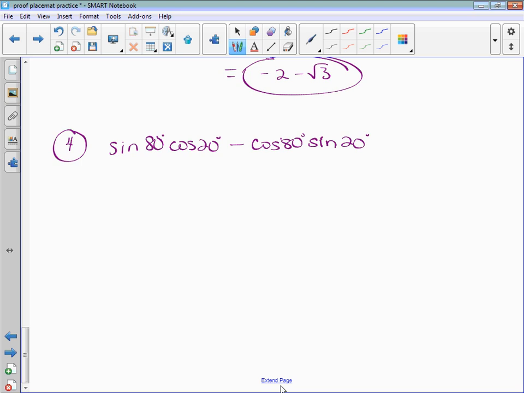Minus. Okay. So would you agree this is really the sine of 80 minus 20? Yes. Which is 60, which is root 3 over 2. Is that one simple? Okay.